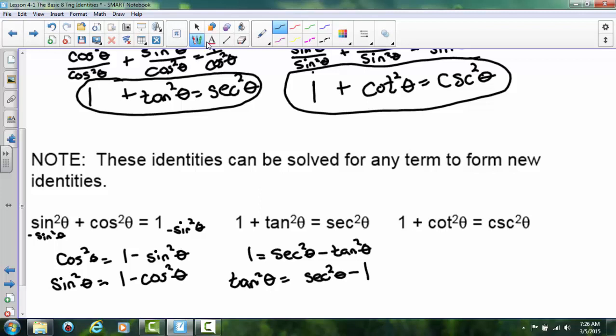Okay, and just the same for the cotangent, 1 plus cotangent squared theta. We could rewrite that as 1 equals cosecant squared theta minus cotangent squared theta. Or we could say cotangent squared theta is equal to cosecant squared theta minus 1. Okay. So just once we had the basic identities, we started manipulating them to create others.